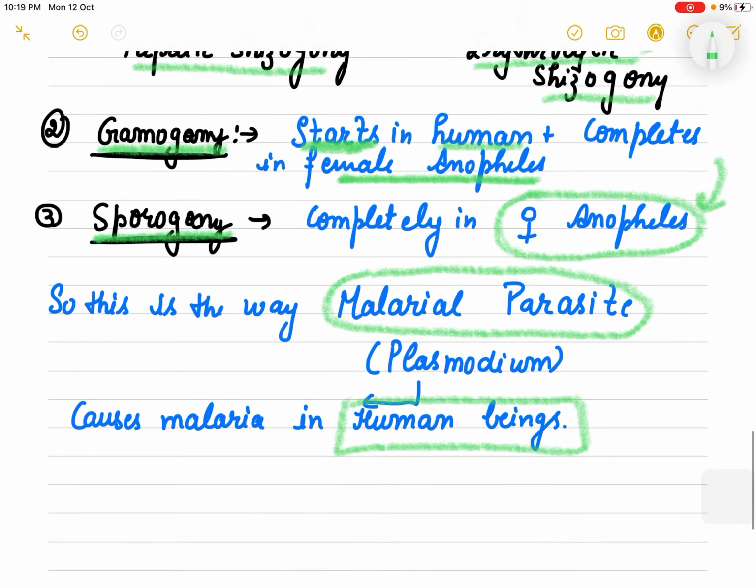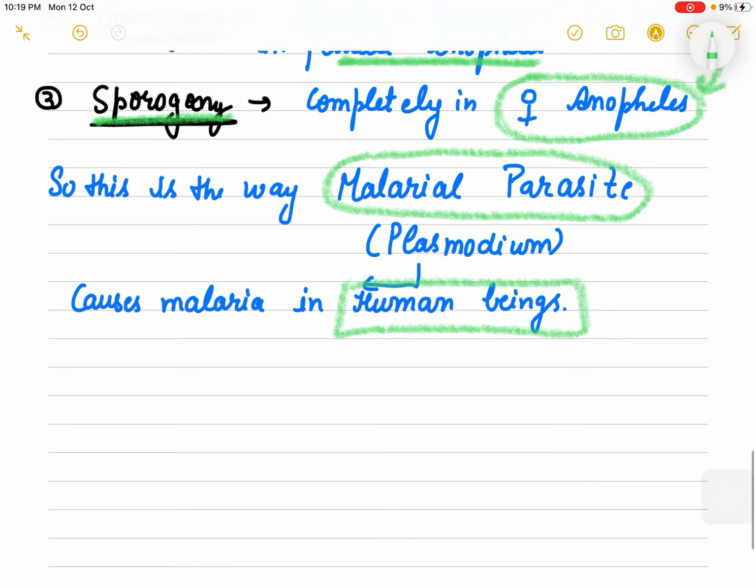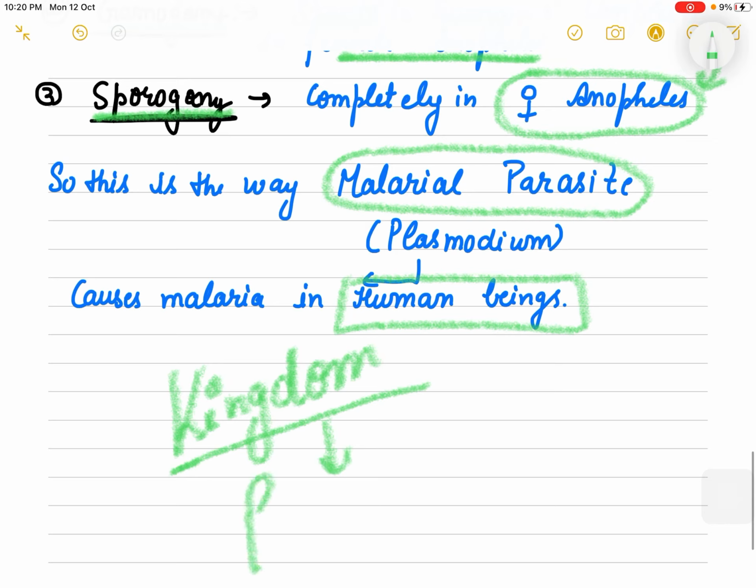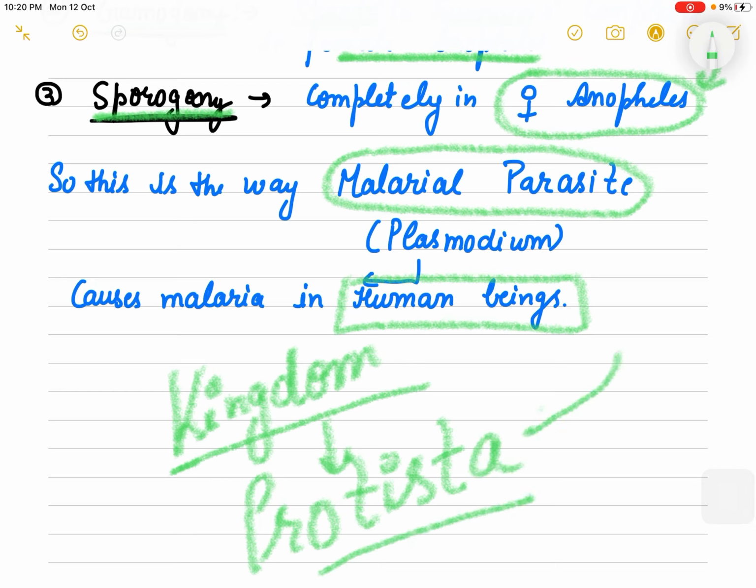So here we are finished with our kingdom Protista, right? I am telling you that I have not taken much detail of Protista or its members. I have taken only those points which are mentioned in our syllabus as well as in the NCERT, and a few additional points.